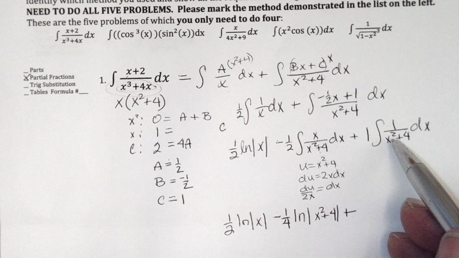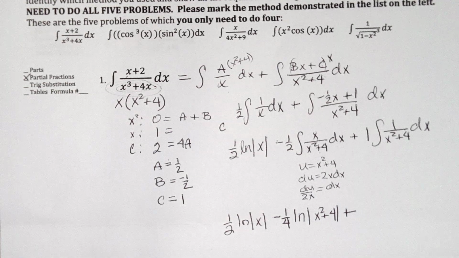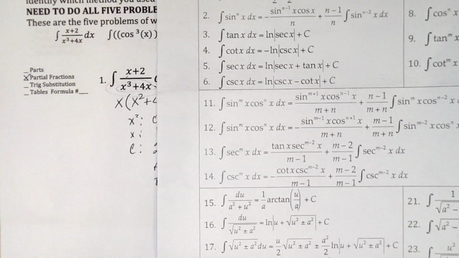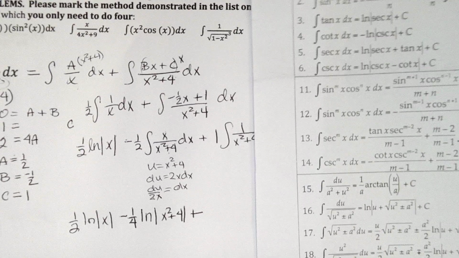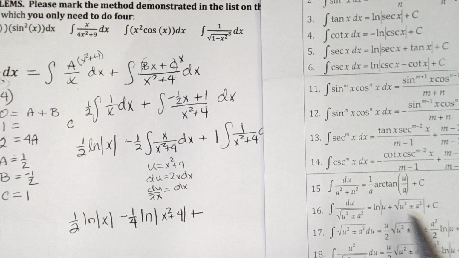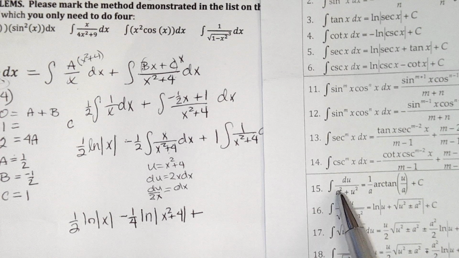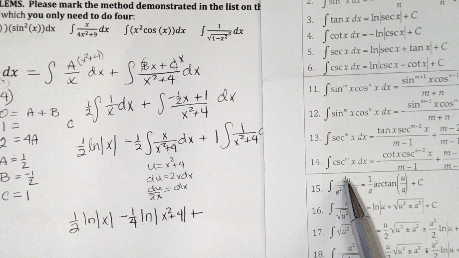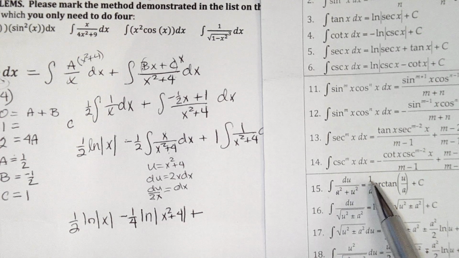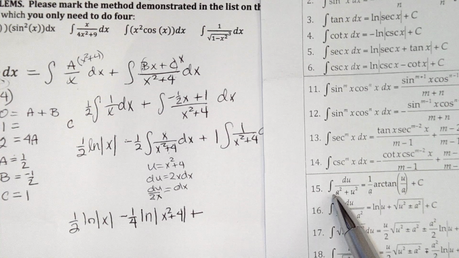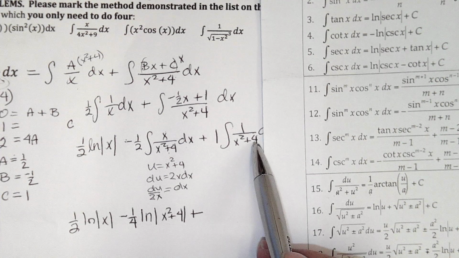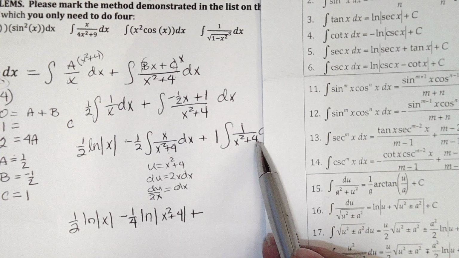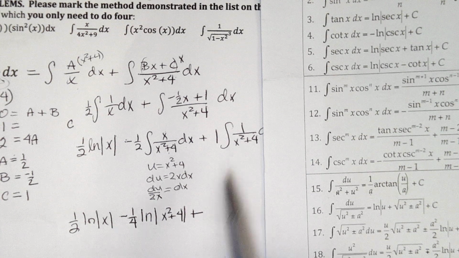Plus, and this looks like the arctangent rule. If I have x squared plus something squared under du, that turns into 1 over whatever the constant is, and it looks like a has to be 2 if I have 4 here. 2 squared is 4.